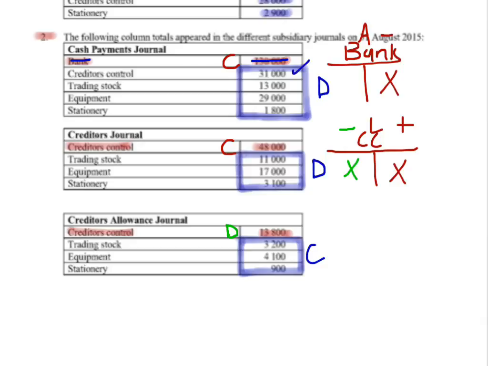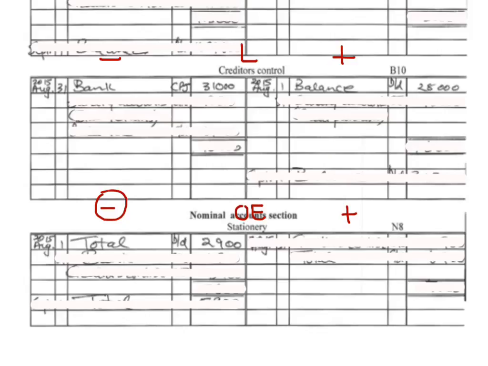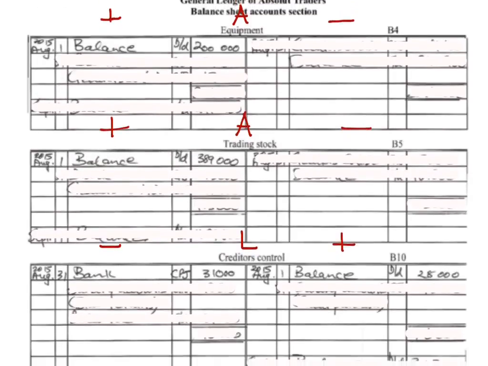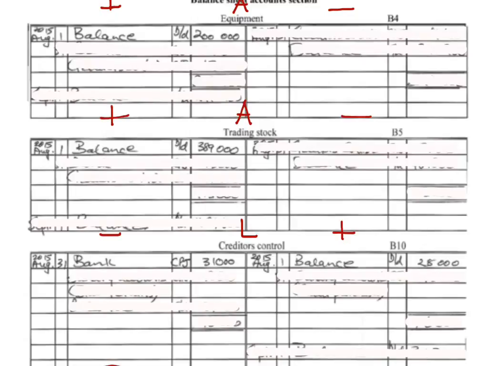The next one is trading stock, 13,000, that needs to be debited. So when I go to my trading stock account, it makes sense to me that I should debit it because I've bought more stock on credit. So 31st bank is the account that I am crediting. This entry comes from the CPJ, 13,000 Rand, increasing my trading stock account.